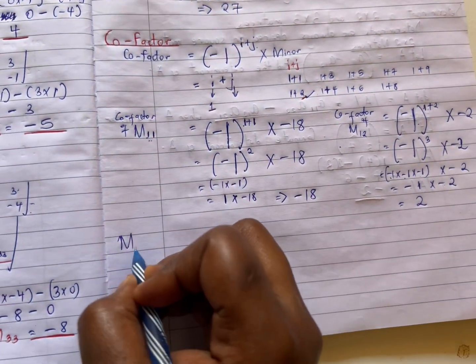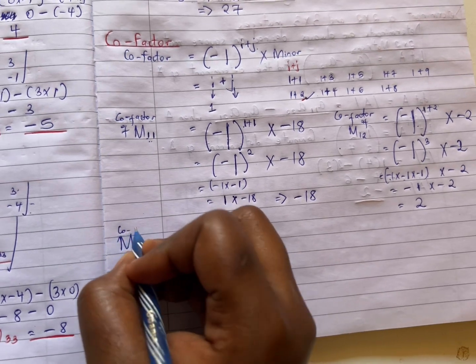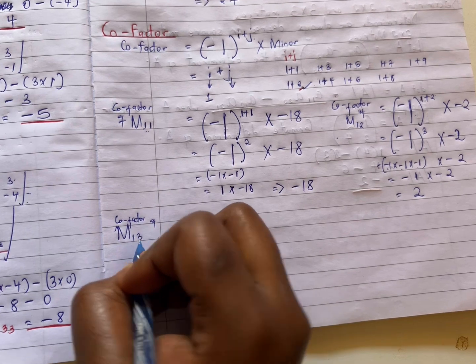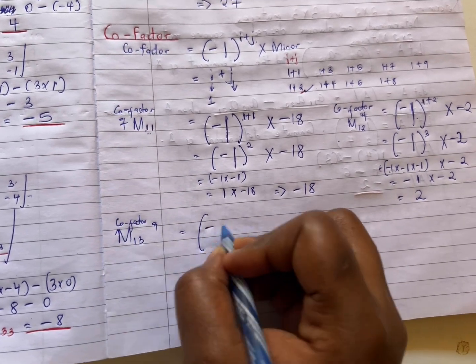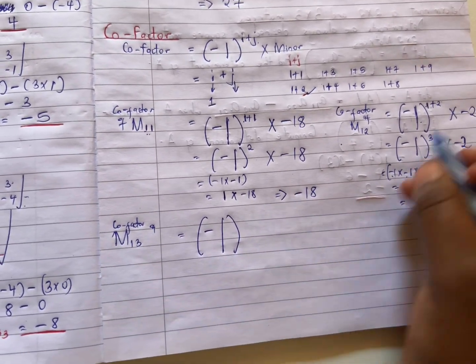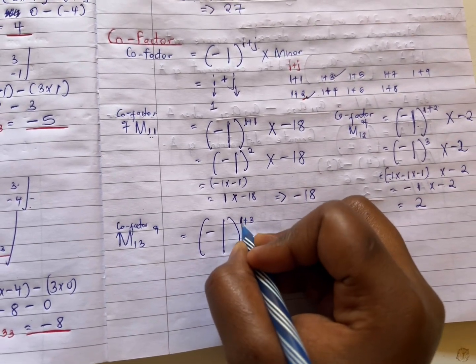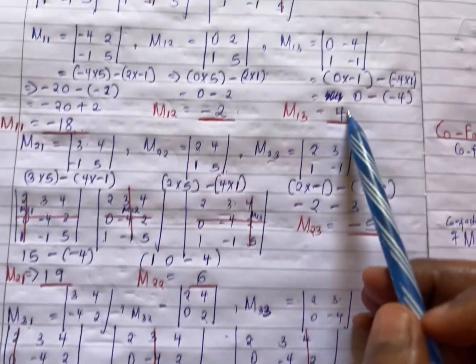So we're going to work out the cofactor for M13. One plus 3. So it's going to increase like that to the end. M13 was 4.